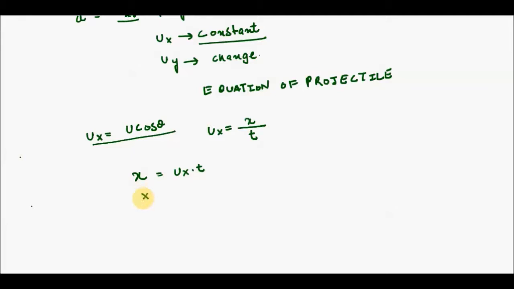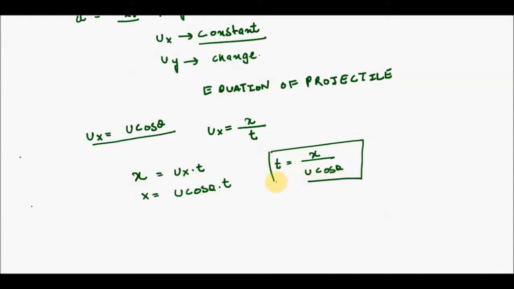So I can write x is equal to u cos theta into t, and from this t will come out to be simply x divided by u cos theta. So this is the time taken by the projectile in covering the distance x.